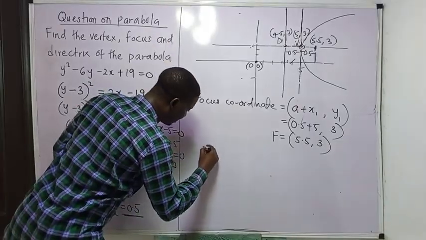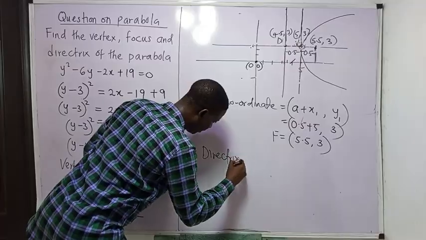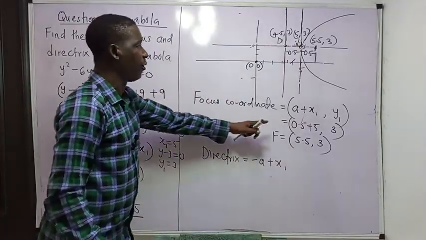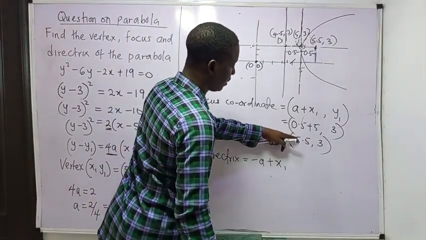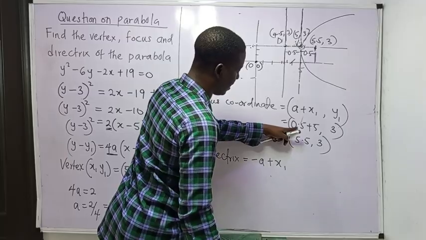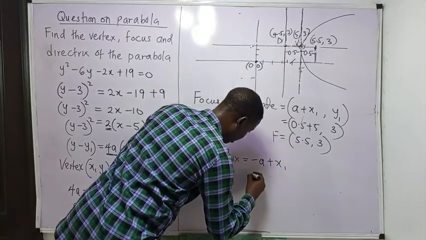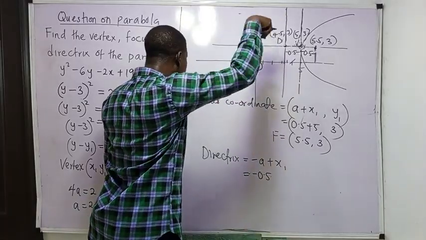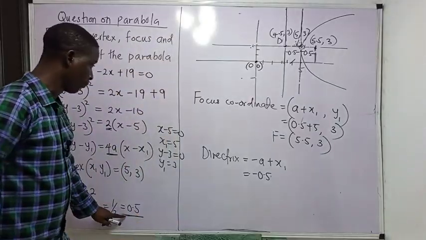How? That means the directrix is equal to minus a plus x1. Now, what is our a from the coordinate system? The a is what? 0.5. Anything that you pick, you pick it from the coordinates, not from here.